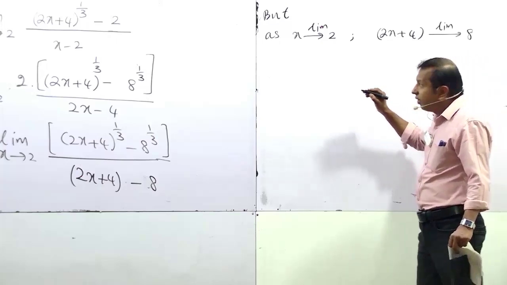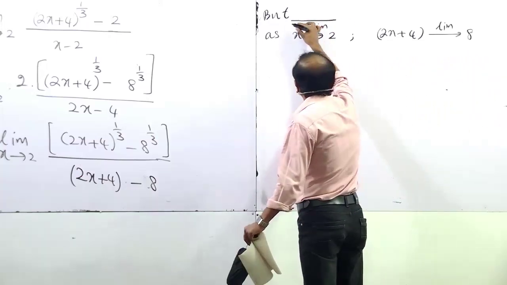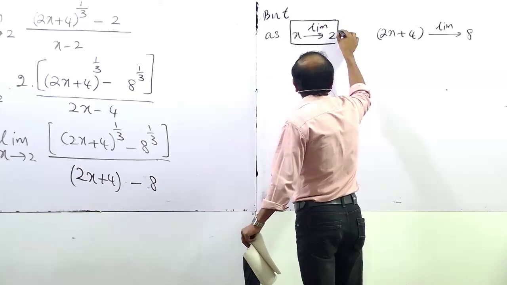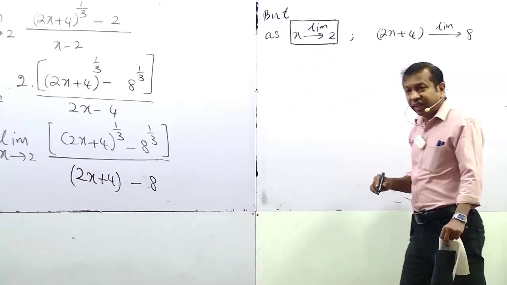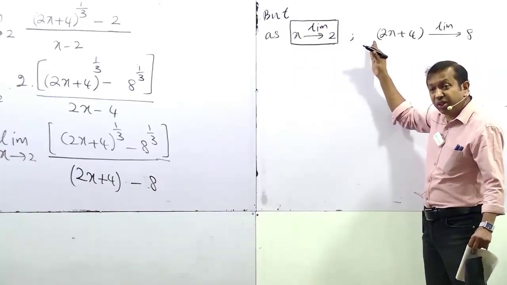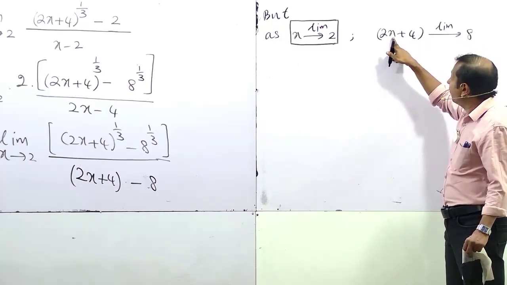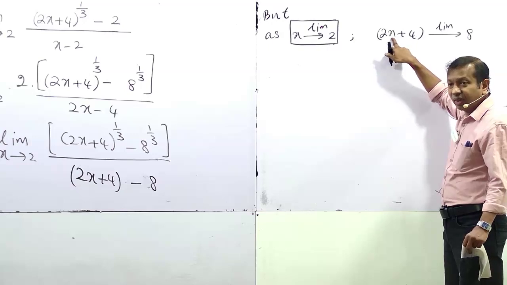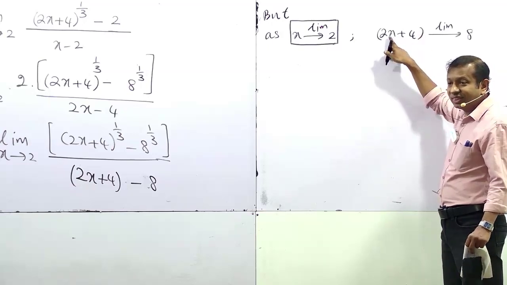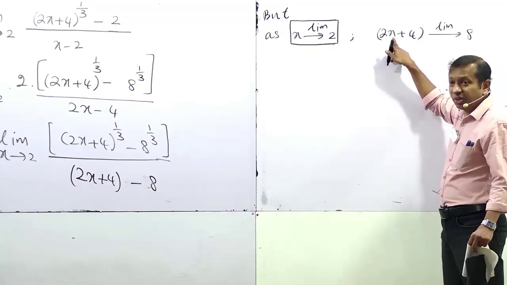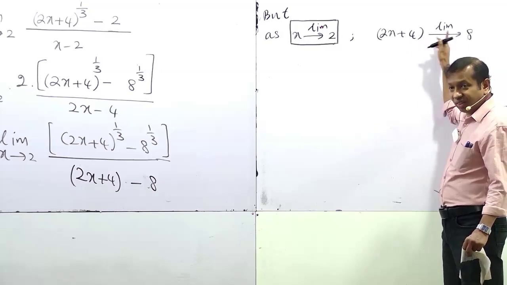Then people, in this statement, that clearly contains x going to 2 means what? 2x plus 4 going to what? 8, no? Put like 1.9 here, 2 times 1.9 plus 4 is 7.9, something like that we get, no? Then put just 2 here. 2 and 2 is 4, 4 plus 4 is 8 coming, no?